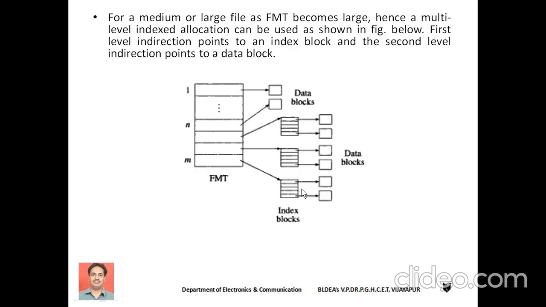That's why it is referred to as multi-level indexing. However, if the file map table directly holds the address of data blocks, it can be referred to as single level indexing. This is how the data is stored in case of indexed allocation.